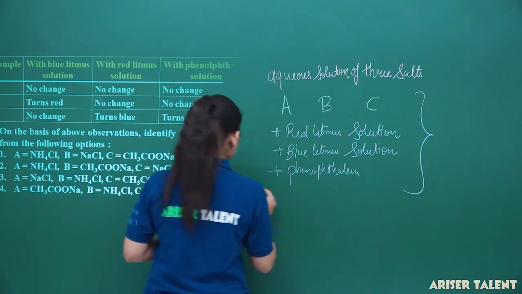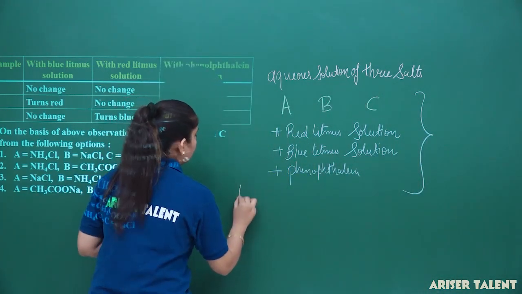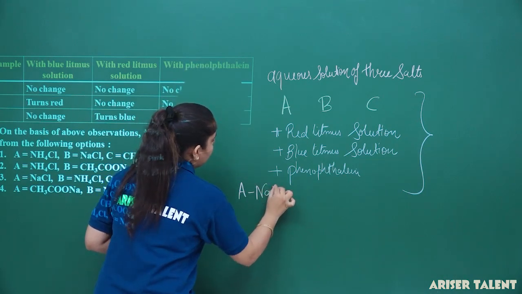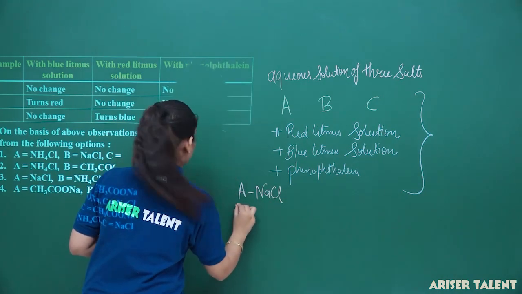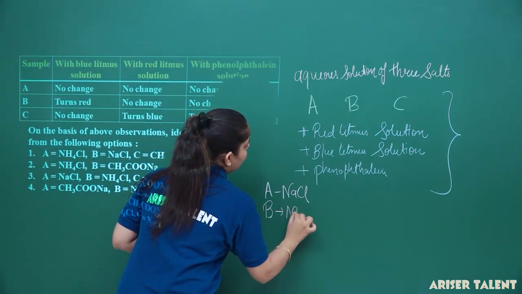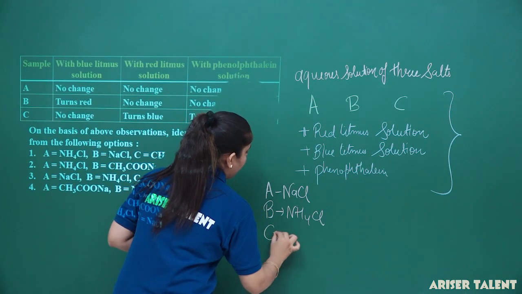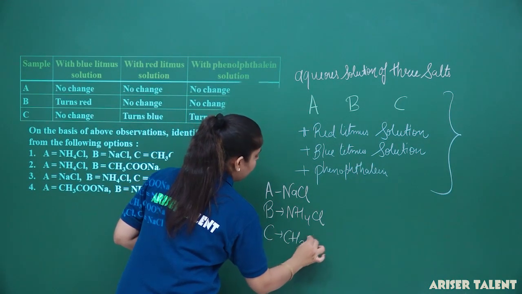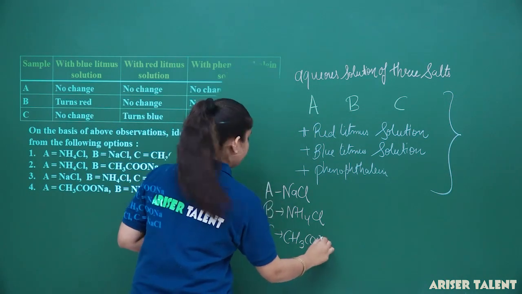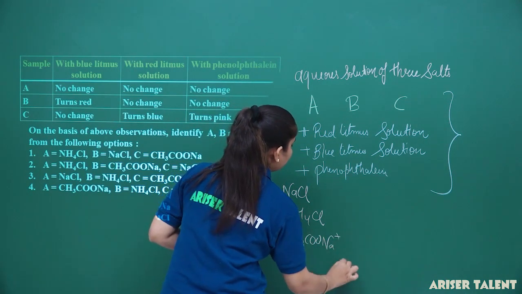So, sodium chloride, ammonium chloride, and the third compound is the acetate, sodium acetate.